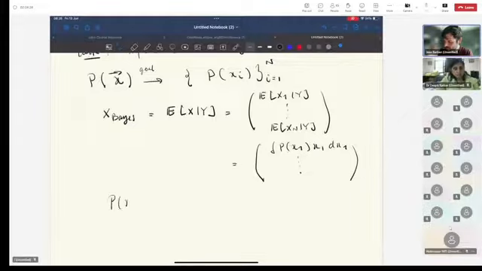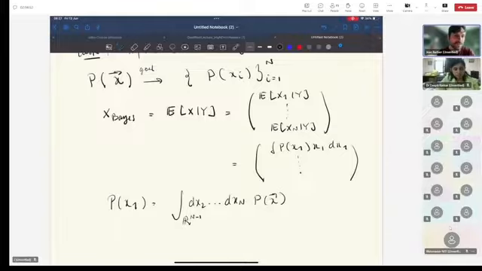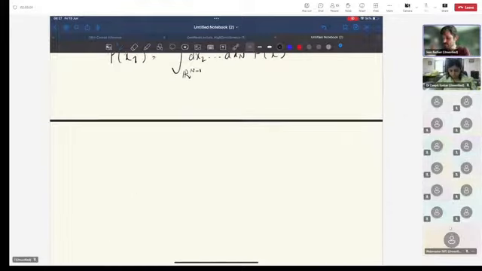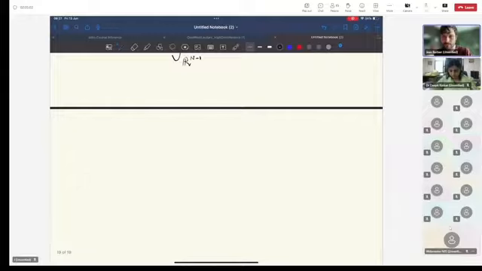Because if I want to compute, let's say, P of x1, I need to integrate over all the other variables of the joint law. This has in general a volume R^(n-1). So it's a very high dimensional integral, and I cannot compute it. So you need an efficient way to do so, and that's where belief propagation enters.